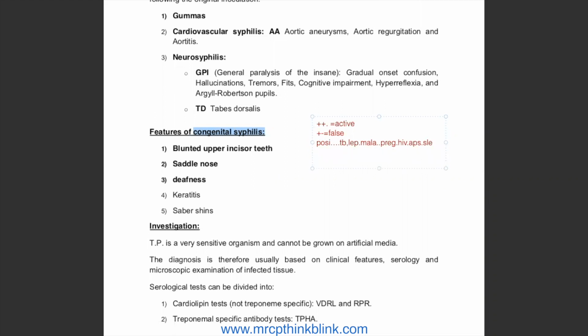Now if non-specific is negative and specific is positive, then what is this? This can be so many things. Either he had a previous infection which is already cleared, or maybe it is latent, I mean a previous infection but not cleared.